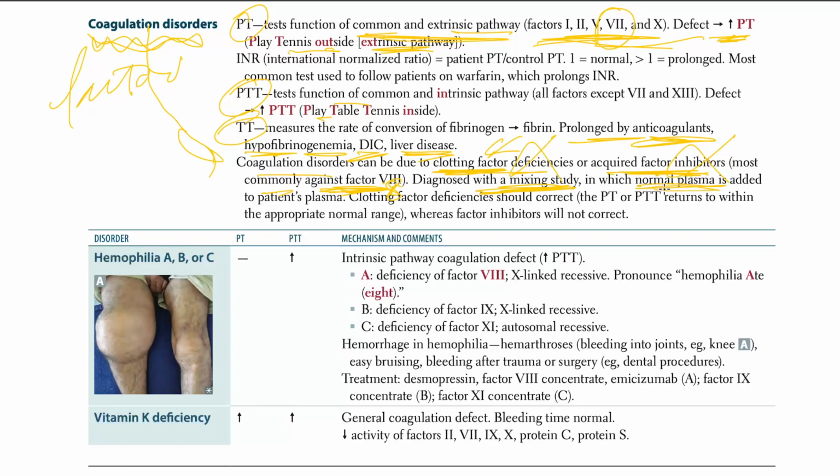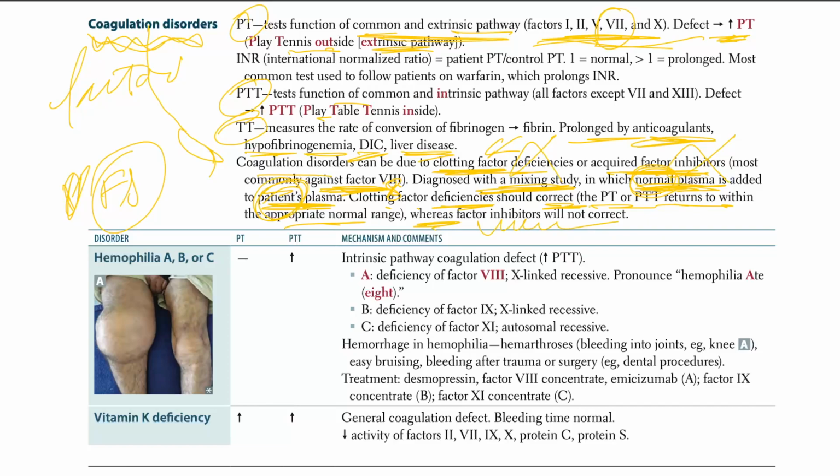You add normal plasma to the patient's plasma. Clotting factor deficiency should correct. If you had a deficiency of, let's say, factor 8, giving normal plasma should correct the PT and PTT and return them to the normal range, whereas factor inhibitors will not correct.